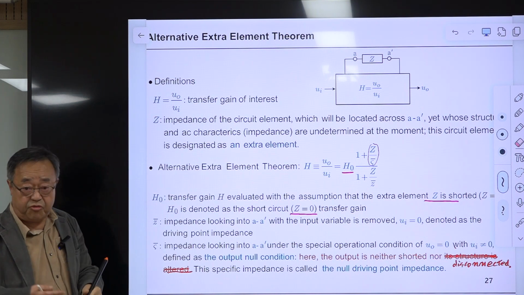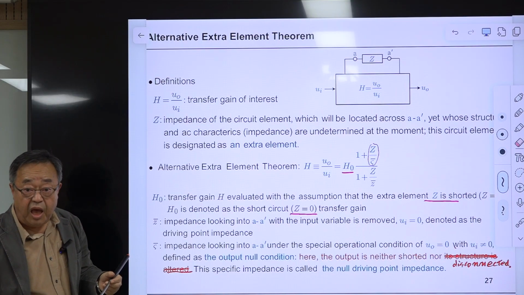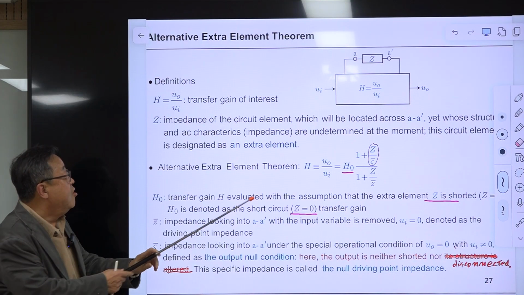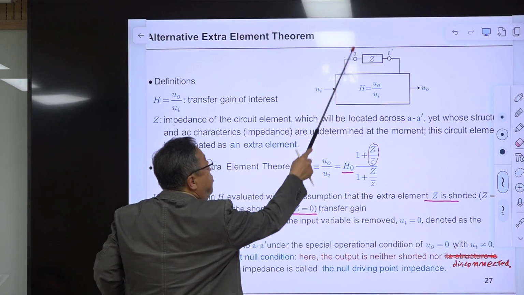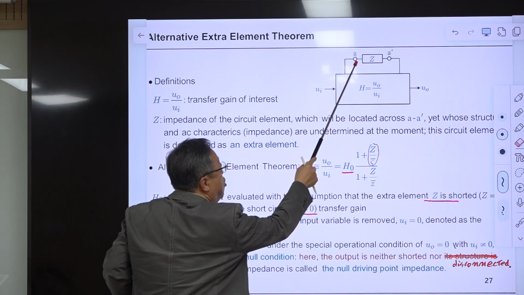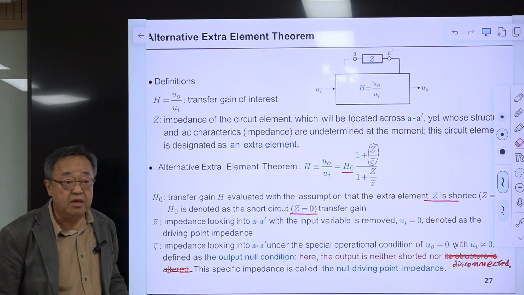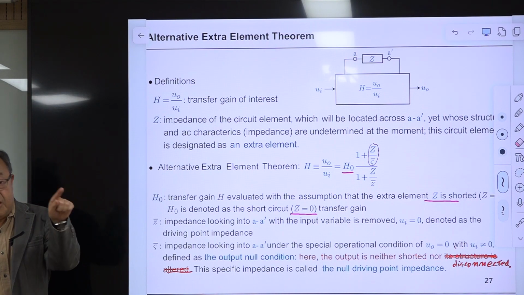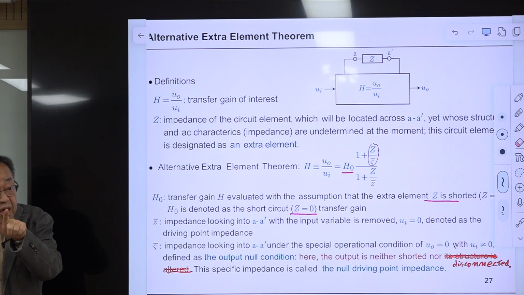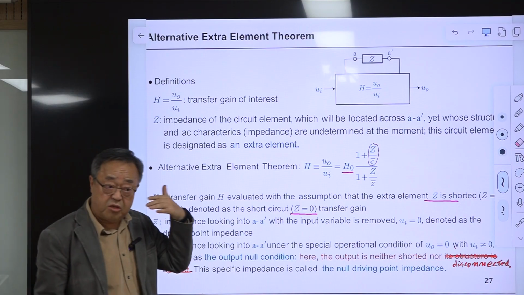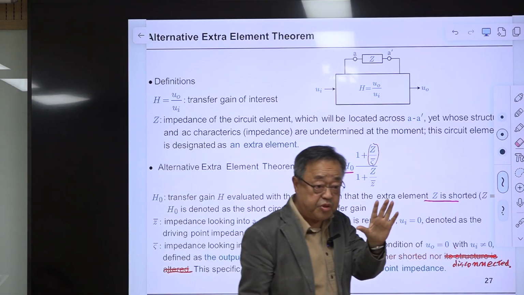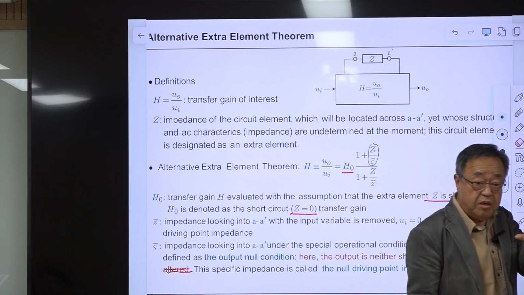The situation is very similar to the previous case. In the previous case, we assumed this port is open; in this case, we assume this port is shorted. So in the previous case, G was infinity. Now in this case, G is 0. The previous case was best suited for the load subsystem, right?